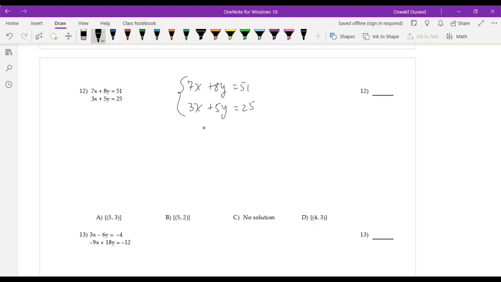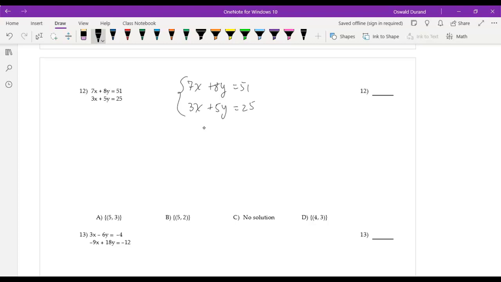Okay, now we have to find an equivalent equation where when you add vertically, it's going to cancel out. So all we have to do here, if you're in this situation, so here 3 and 7, they're not multiples of each other, right? So they're pretty much prime.